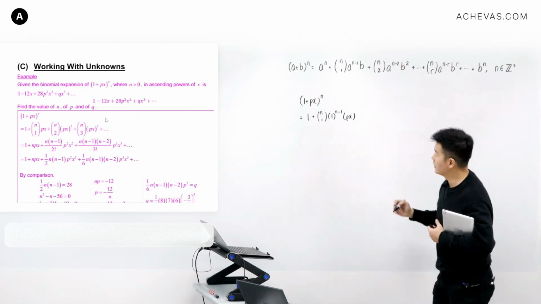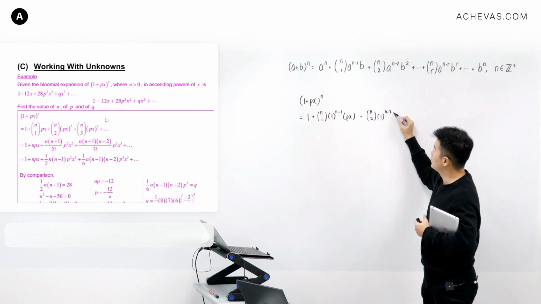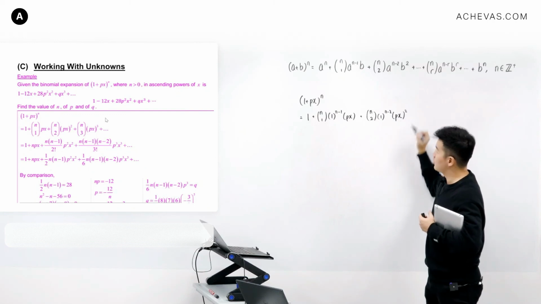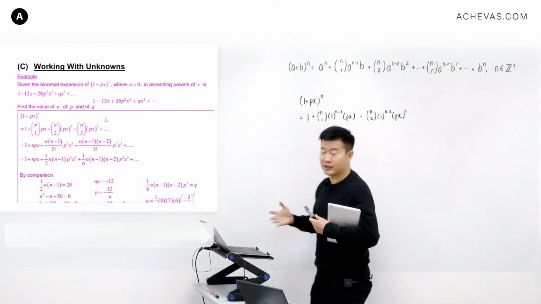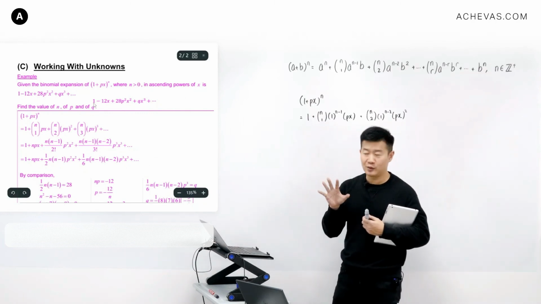It is this b over here. And the next term is going to be n choose 2, then 1 to the power of n minus 2, then px to the power of 2. We're going to expand it 3 times. Okay, I think I've done it 2 times here, so I'm probably going to remove one expression here. Let's just ignore this. This is probably a mistake. I'm going to remove it in the actual outline.